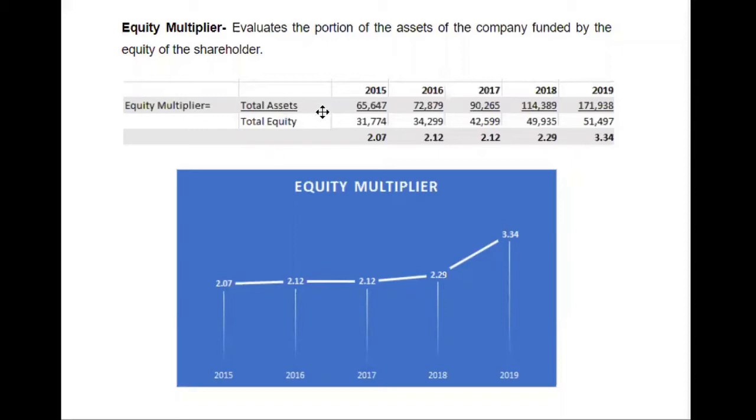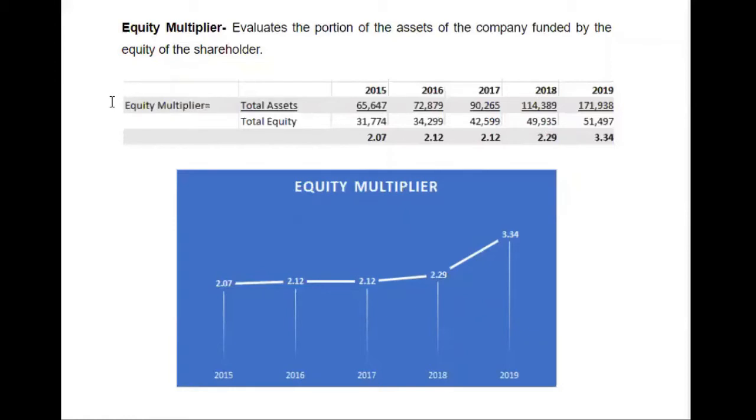So total assets: 65,647 in 2015, 70,879 in 2016, 90,265 in 2017, 114,389 in 2018, 171,938 in 2019, while total equity is 31,774 in 2015, 34,299 in 2016, 42,599 in 2017, 49,935 in 2018, and 51,497 in 2019.